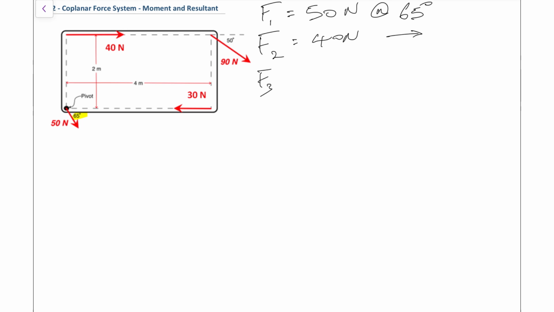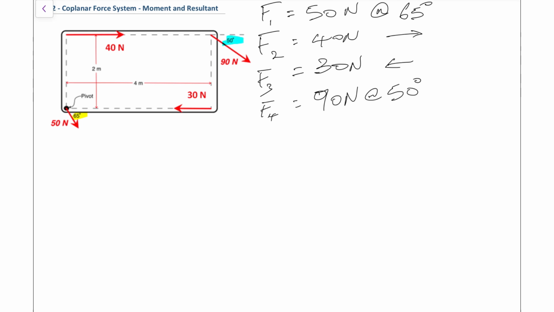Let's go to F3, and for F3, I'm going to label F3 as my 30 newtons, and similarly, this one's just going left. Finally, F4, which I'm going to label as the final one, which is 90 newtons. That 90 newtons is at an angle of 50 degrees, which is denoted right here, highlighted in blue.